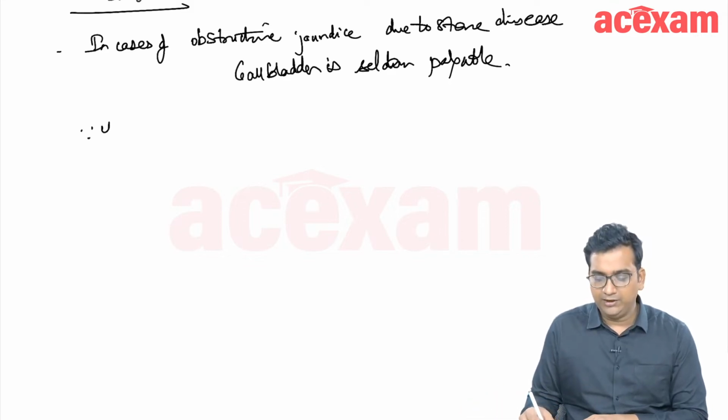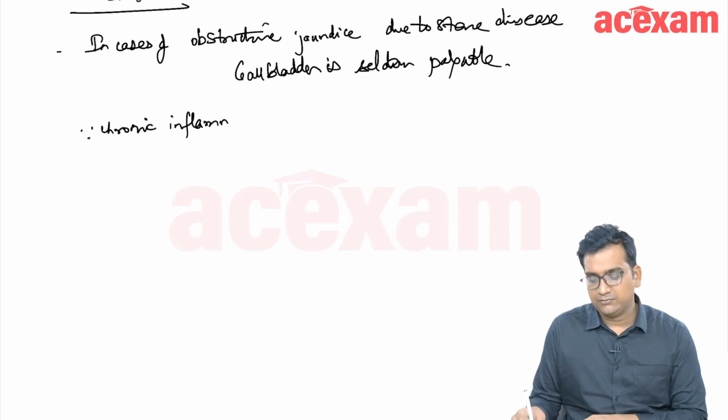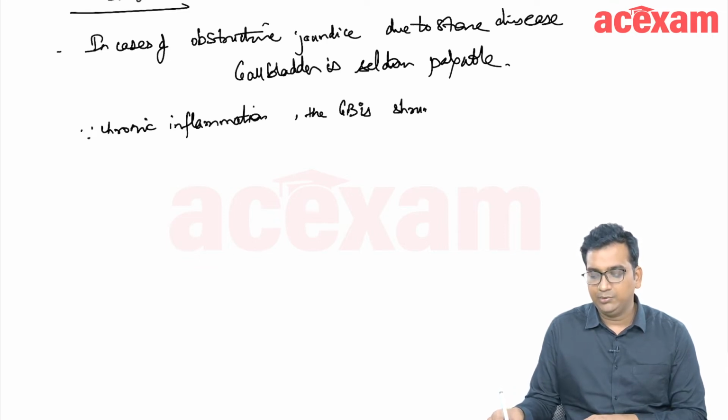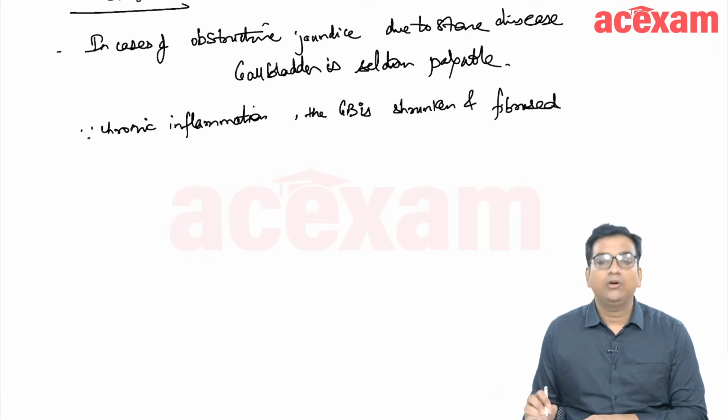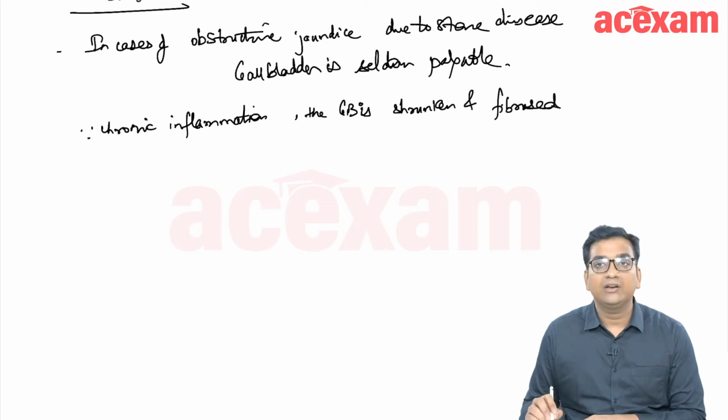Because of chronic inflammation here, the gallbladder is shrunken and fibrosed. Okay, so gallbladder is shrunken and fibrosed due to this chronic inflammation.